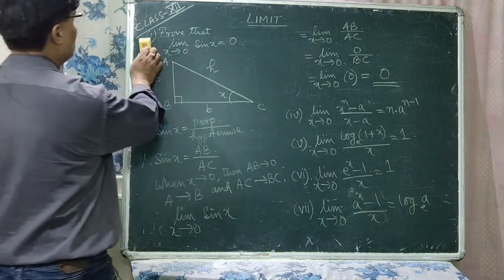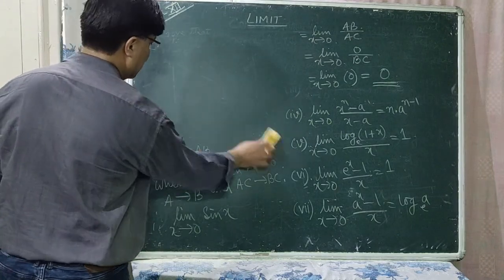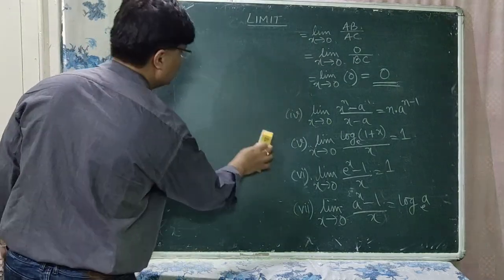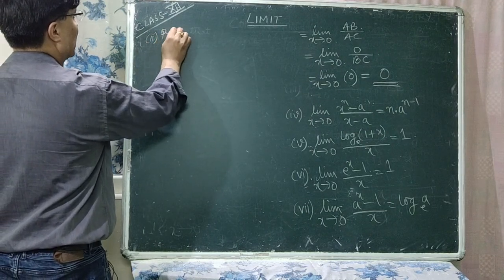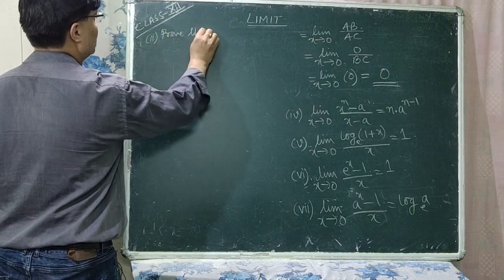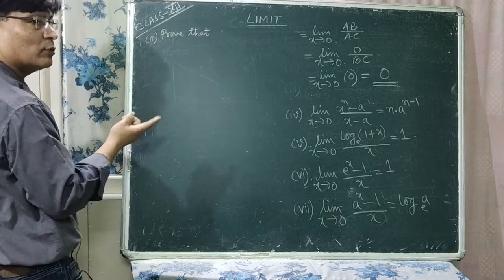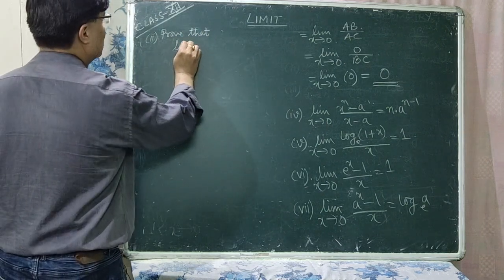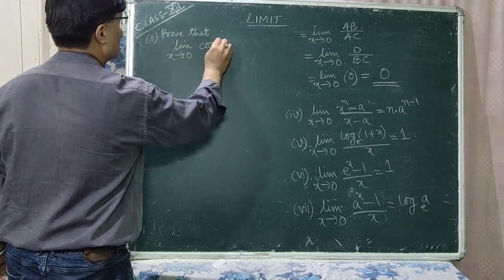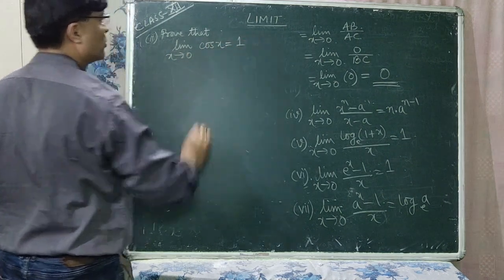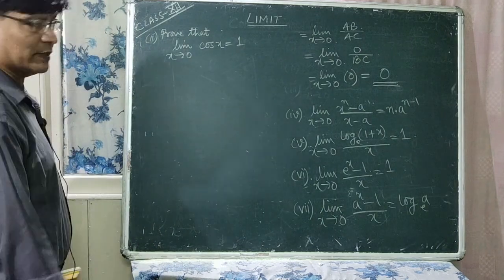Next, let us prove that, number 2, limit x tends to 0 cos x is equal to 1. Now let us prove it.